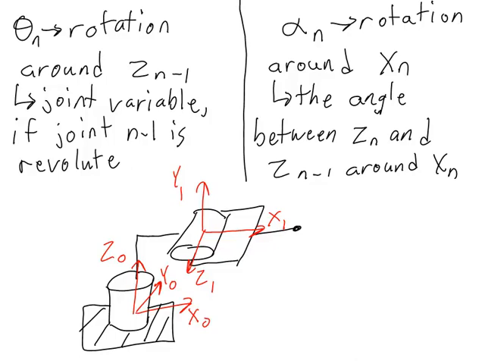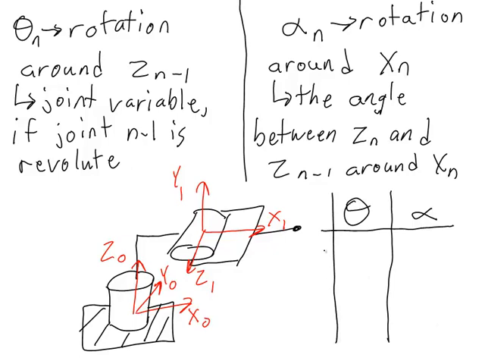Oftentimes, the way that we write the values of these parameters is by making a table. We're going to find the theta and the alpha parameters, and in this case we're only going to be able to find them for frame 1 because I've only shown 2 joints, joint 0 and joint 1.